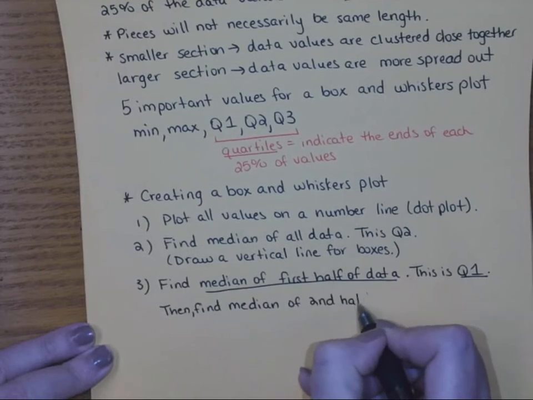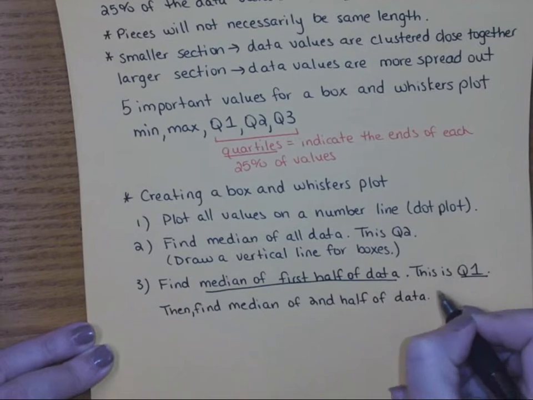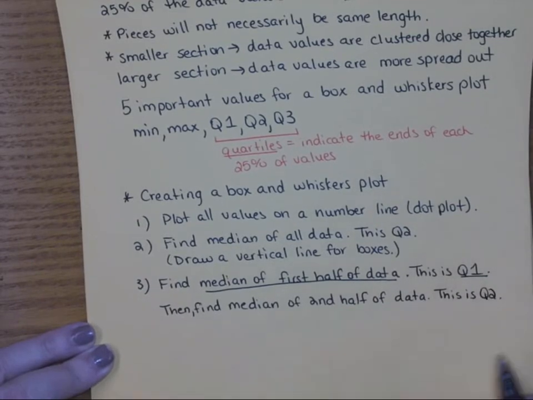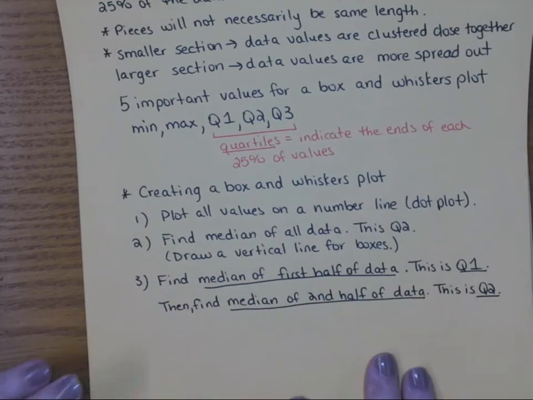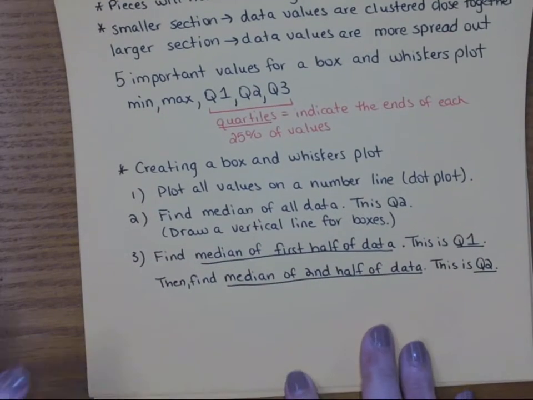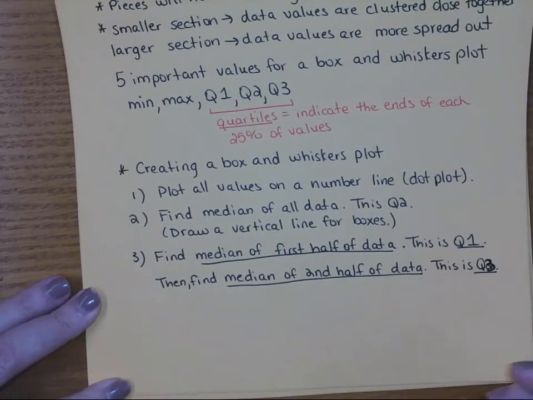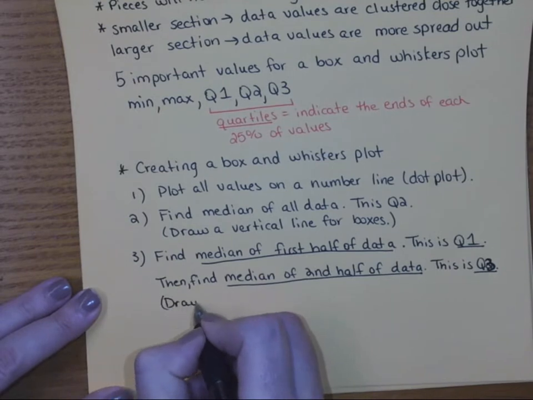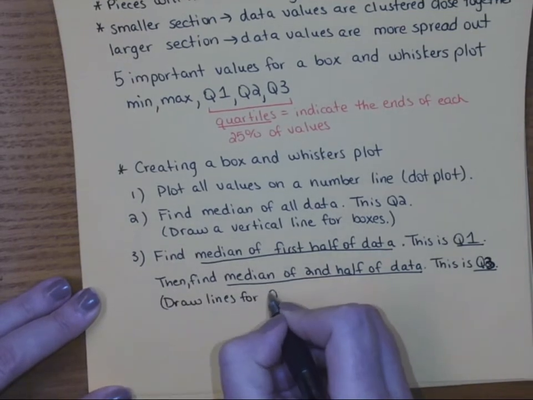Just a quick reminder, for any kind of median we have to have the numbers in order. So in your homework, make sure that your values are in order. Sorry, I didn't mean to call that Q2, I meant to call that Q3. We already found Q2. And then you're going to draw lines for Q1 and Q3.